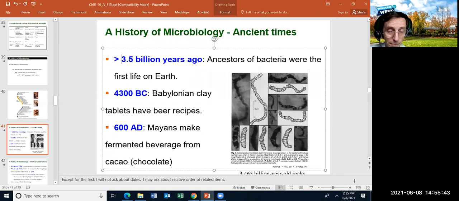The next major event in microbiology was the Babylonians wrote on their clay tablets recipes for making beer. And they didn't know it, but the reason why they got beer was because a microbe was fermenting whatever you use to make beer, probably grain.